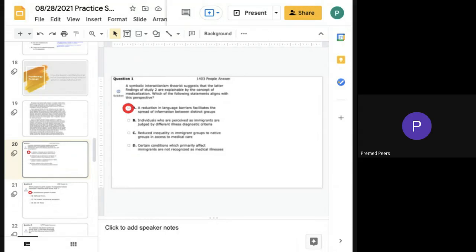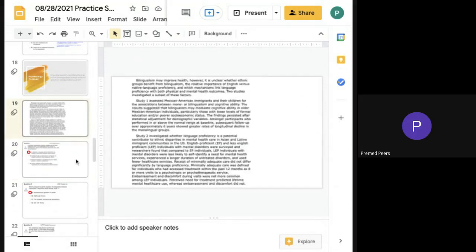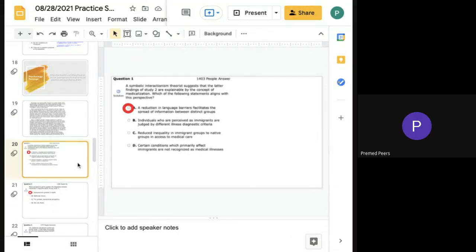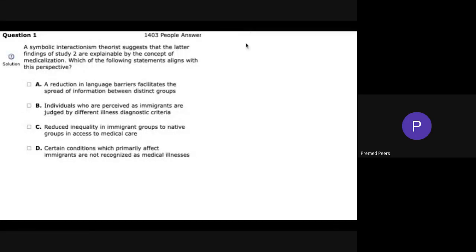So here we're talking about medicalization, which is understanding that a certain thing is an illness or sick behavior, whereas other things are not. So medicalization is the process of identifying something as an illness that was previously not recognized as a medical problem.